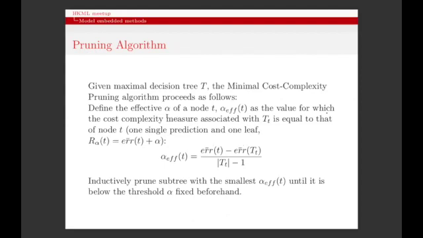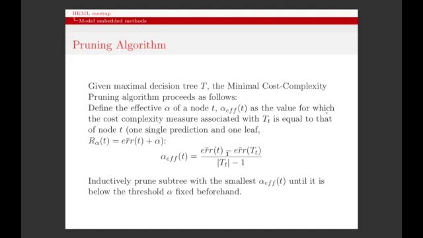We define the effective alpha of the node t by the following formula. That is, the effective alpha is the alpha for which the cost complexity measure of the subtree is equal to the cost complexity measure of just pruning the tree, that is, of just leaving one node in the resulting tree.